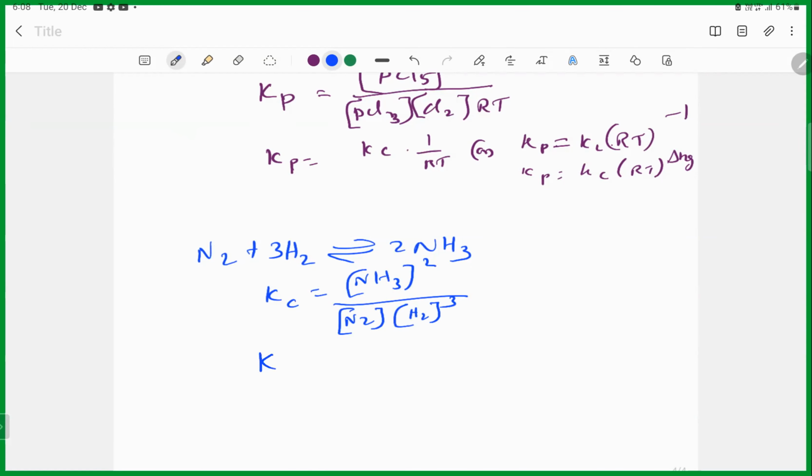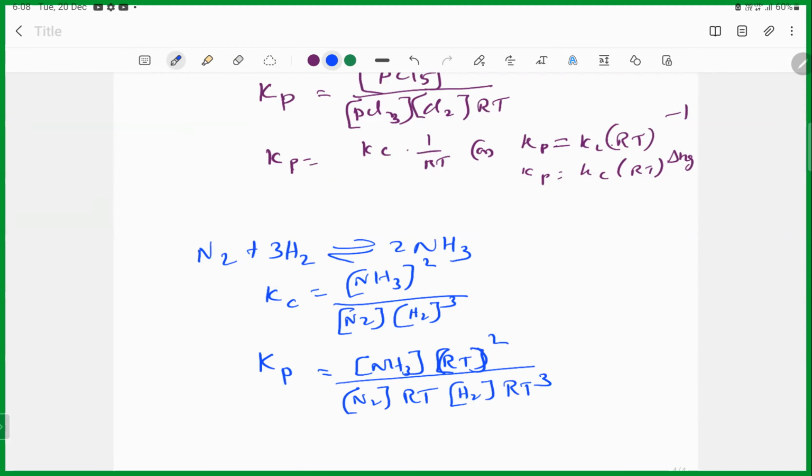Then Kp is equal to concentration of NH3 into RT squared, divided by concentration of N2 into RT and concentration of hydrogen into RT cubed. So when you divide, you get NH3 divided by N2 and hydrogen, and RT into RT divided by RT, RT, RT, RT. So cancel, cancel, cancel, cancel.